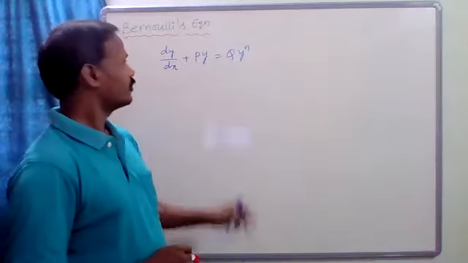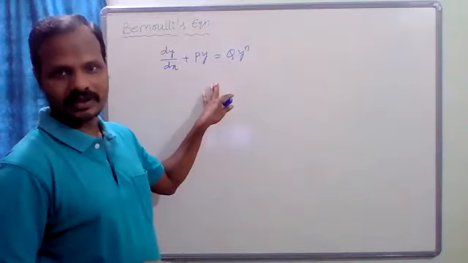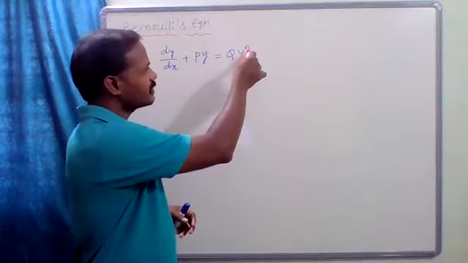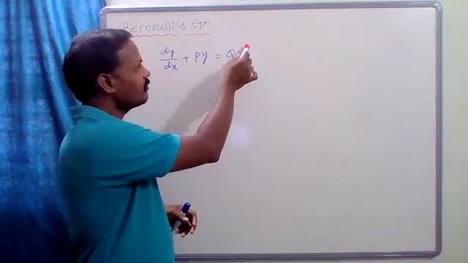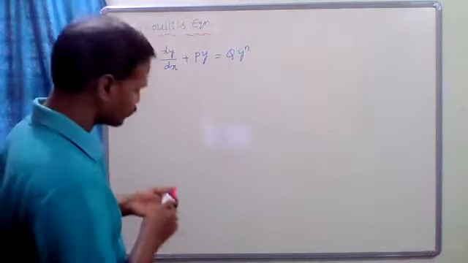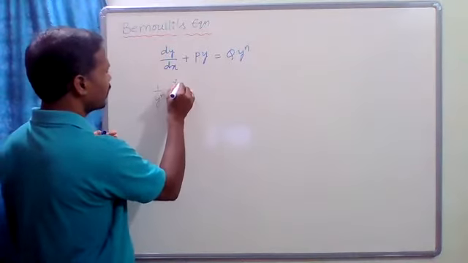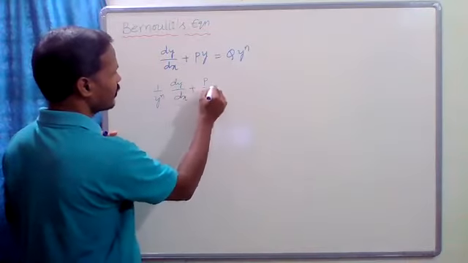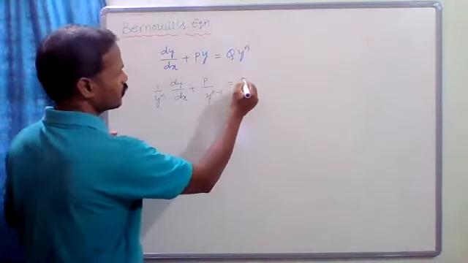Now, how do we solve this Bernoulli's equation? When y terms are there on the right side, always take these y terms to the left side. Then it becomes 1 by y power n dy by dx plus p y by y power n, that is y power n minus 1, equal to q.